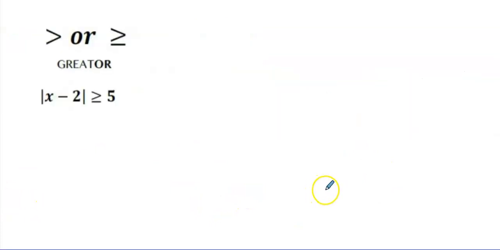Okay, moving down on that page, you've got two sections. One of them looks like this, and one of them is a less than. So if you have a greater than or equal to symbol, then this is called an or statement. So greater, we think of the word or. It's an or statement. In other words, it's either or.